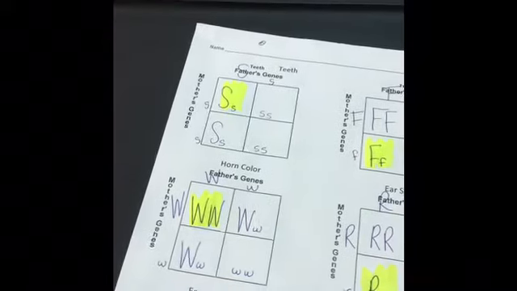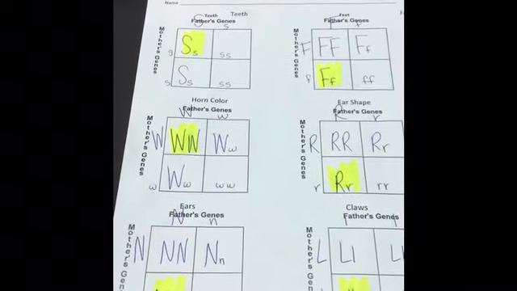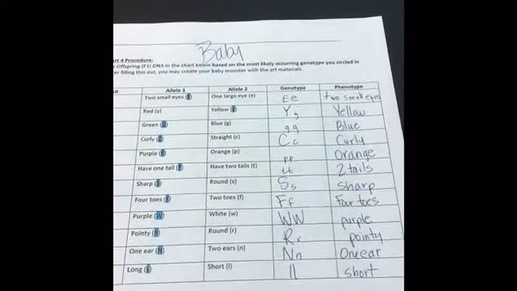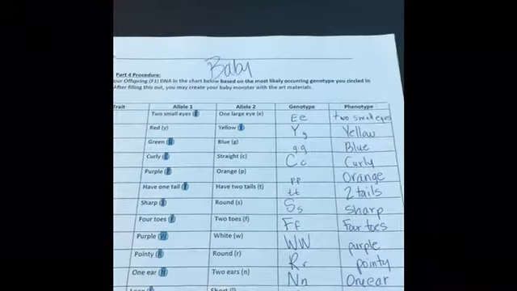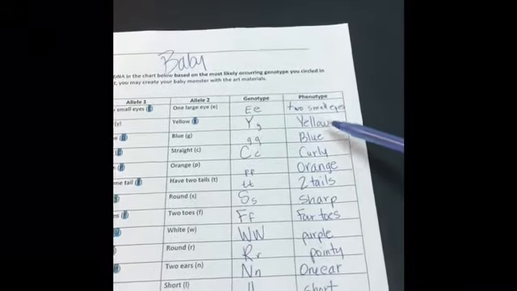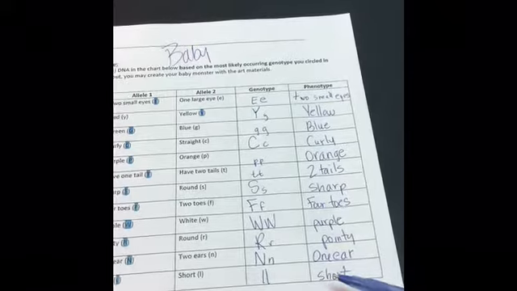So for me, this is what my Punnett squares look like based upon my mom and my dad's genotypes. I then transferred that information over to the baby monster sheet, and I can now see the phenotypes, what my baby monster is going to look like.